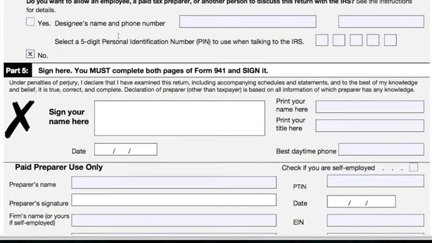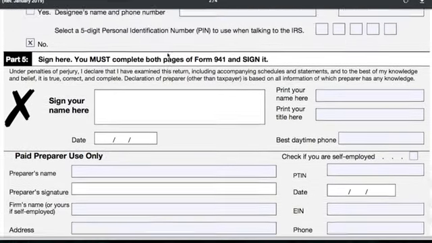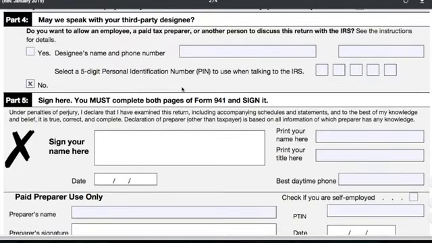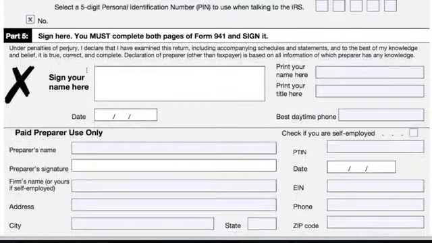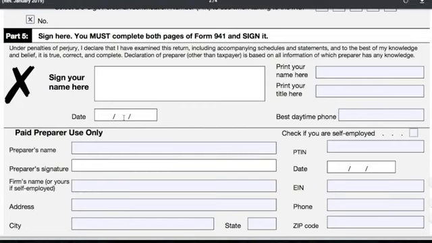But in many cases, you might want to allow your tax preparer or a lawyer to discuss this form on your behalf. Lastly, in Part 5, you'll need to provide your name, your title, your phone number, and date and sign the form. You can only sign and date after you print the form, so I'm going to leave those blank for now, just fill out the other information.